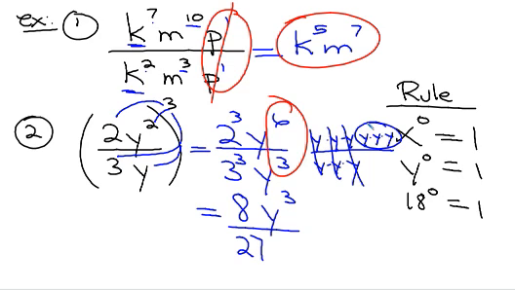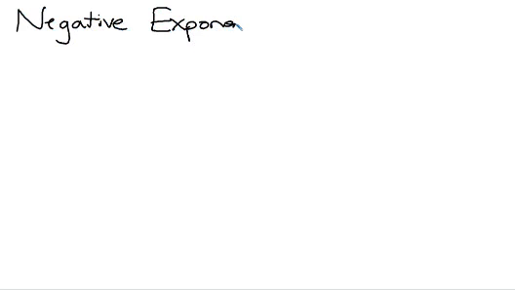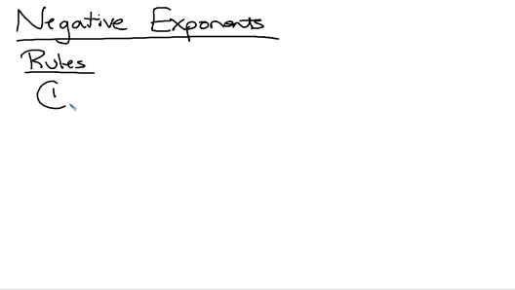Now let's talk about negative exponents. Negative exponents are important, just like all the other things we do with the exponents. Two simple little rules. Here we go. A to the negative n power.